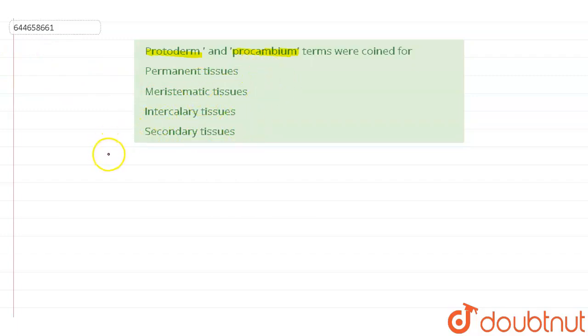The first one is the permanent tissue. This permanent tissue is made up of cells that do not undergo cell division. That means these tissues do not provide any growth to the plant.